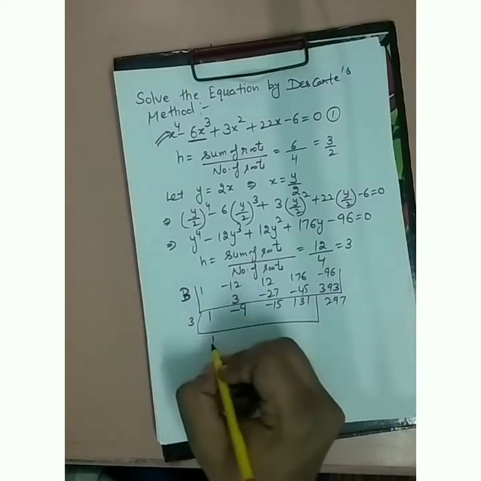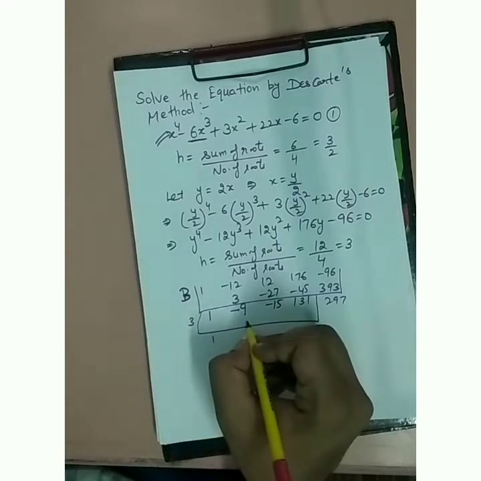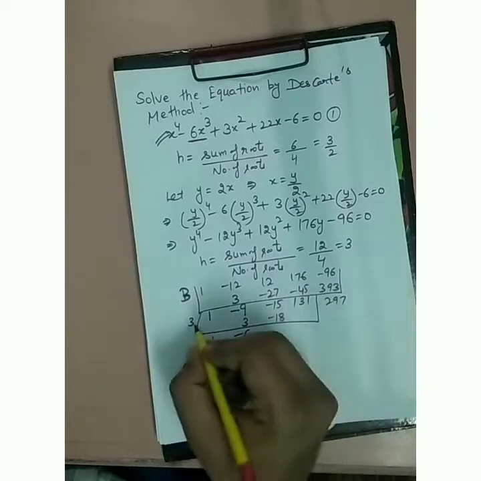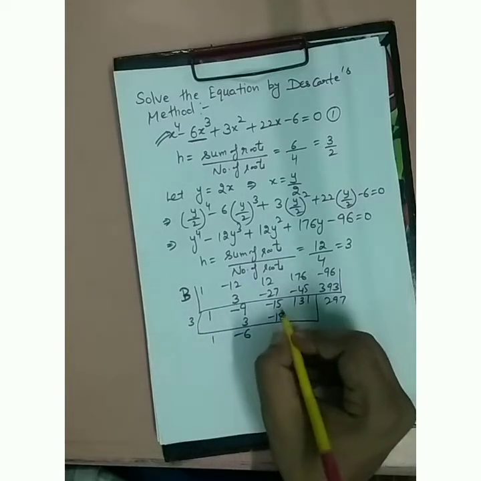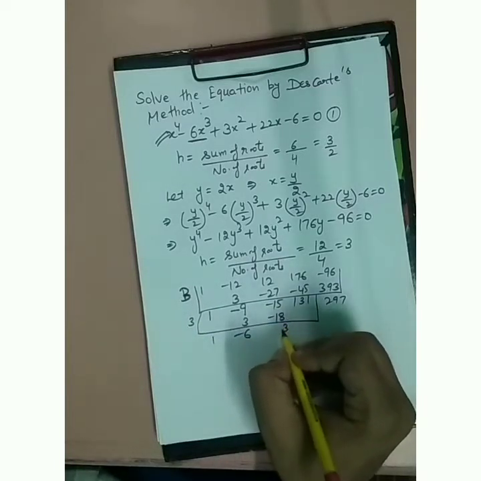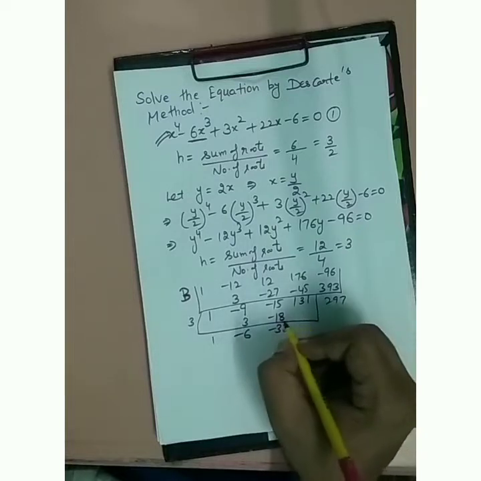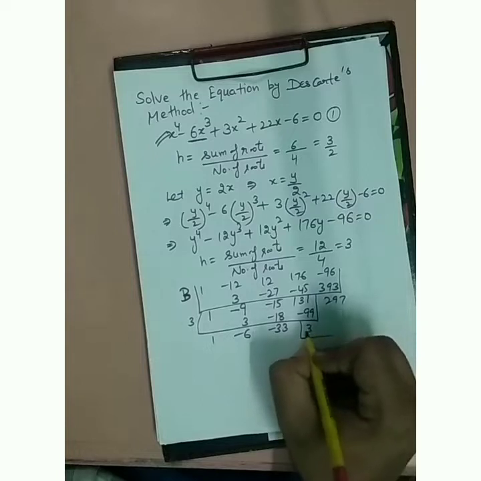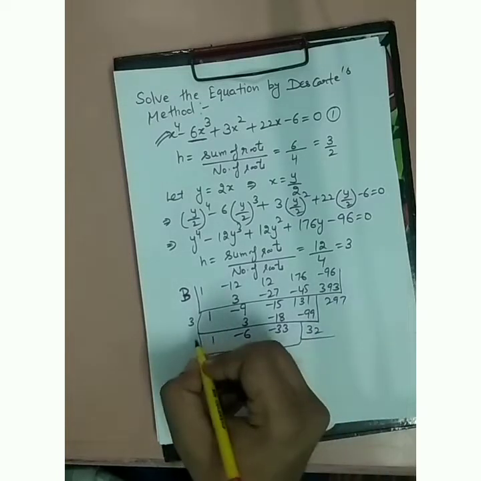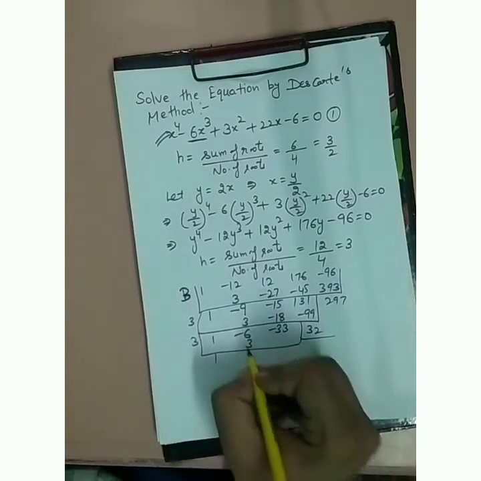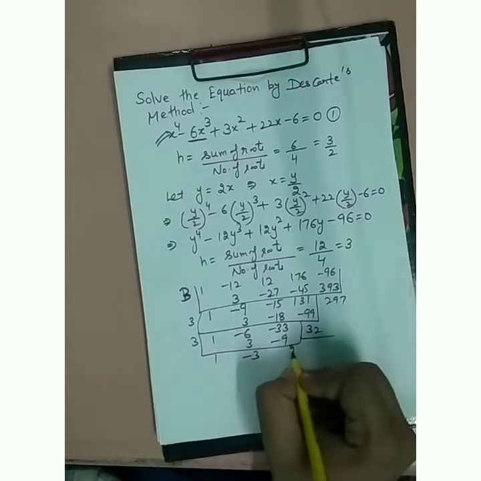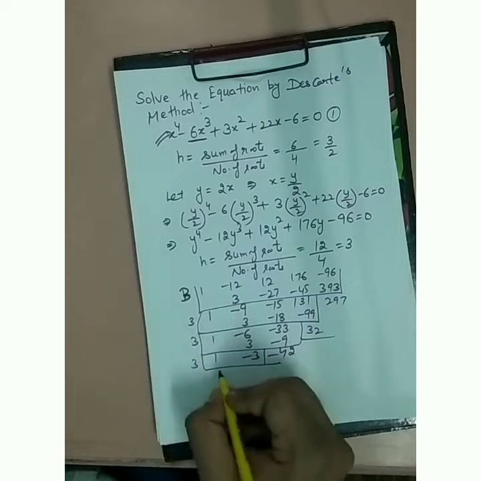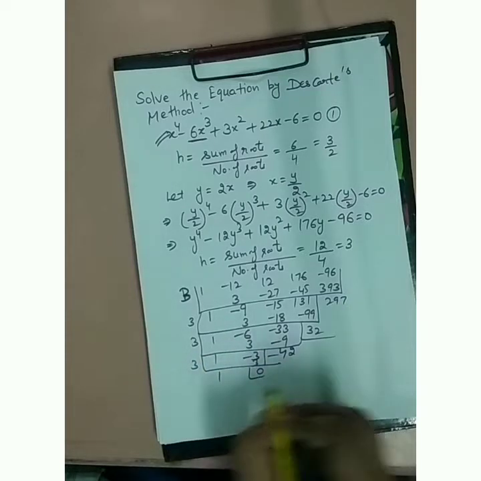Again 1, multiply these two, that is 3, multiply 3 into minus 6, minus 18, that is equal to minus 33. 3 into minus 33, minus 99, that is 32. After this, 3 into minus 9, that is minus 42, and 3 into 1, 3, that is 0.